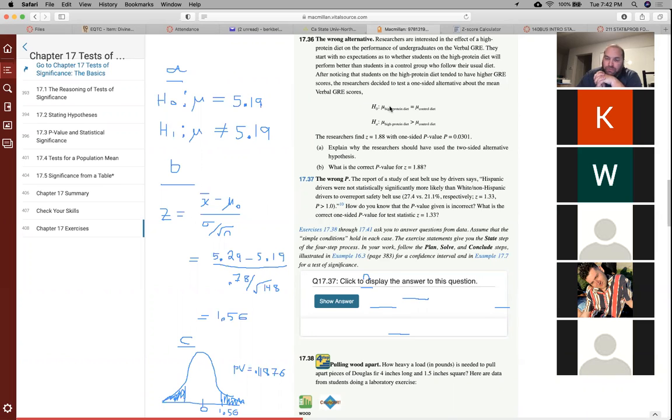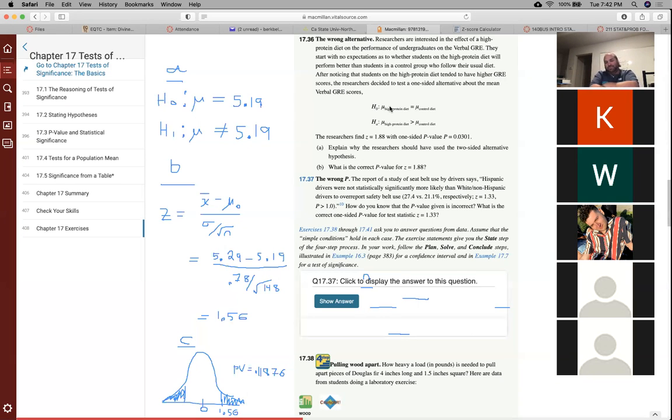Okay, so a p-value is a probability. It's the likelihood of getting a certain result. That would mean that there's a greater than 100% chance of getting the result that you got.